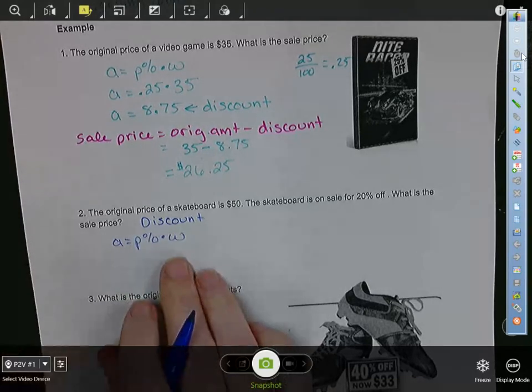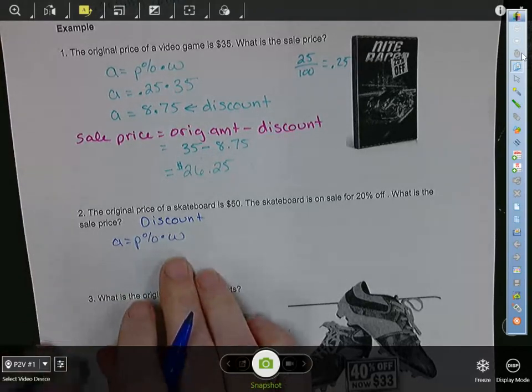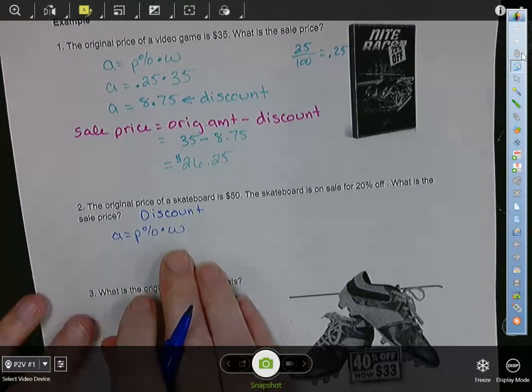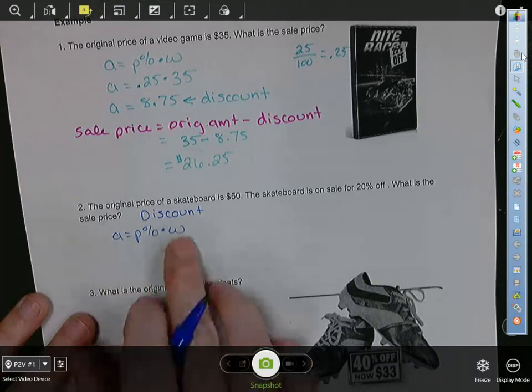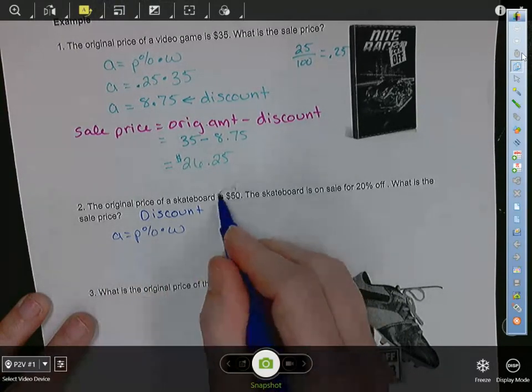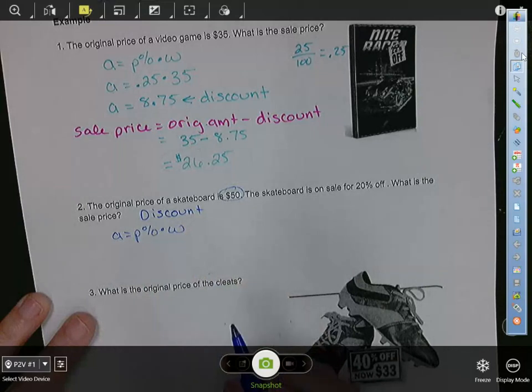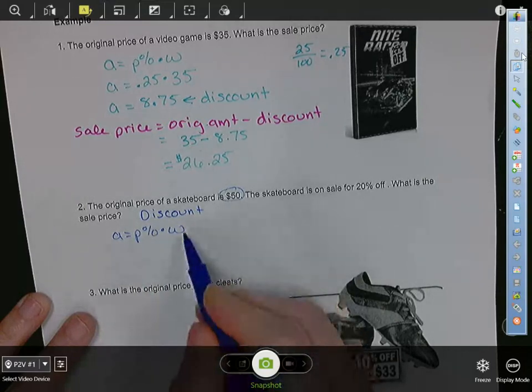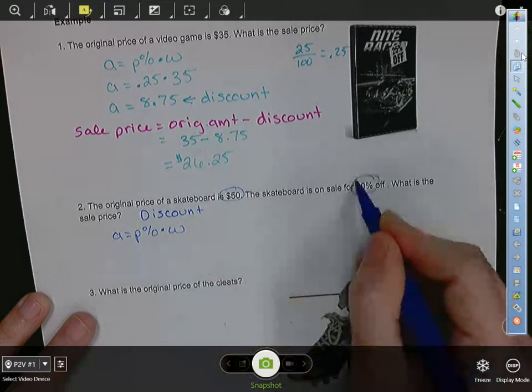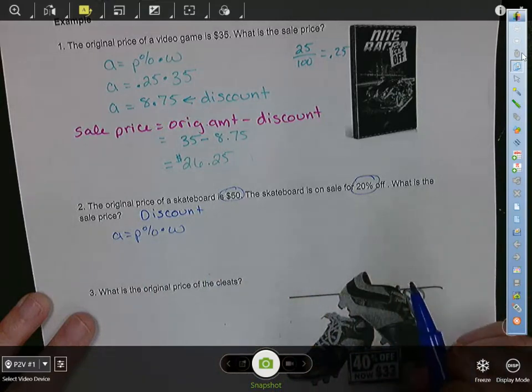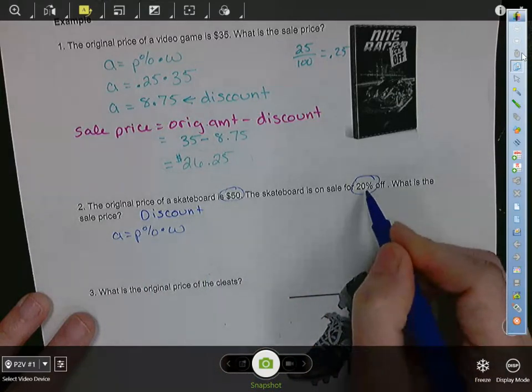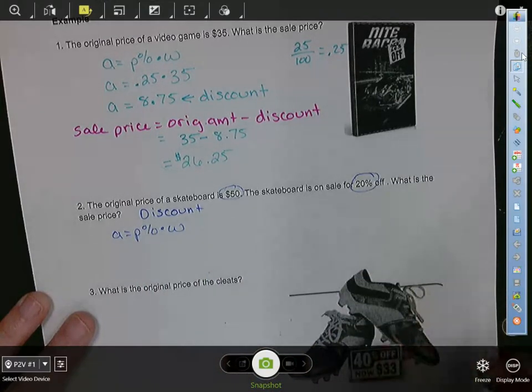Okay, tell me again, what does A and W represent? Yeah, so A is the part and W is the whole. It's the original, okay? So A would tell you how much the discount is. So it's $50 and it's 20% off. I need to change 20% to a decimal. What is 20% as a decimal?